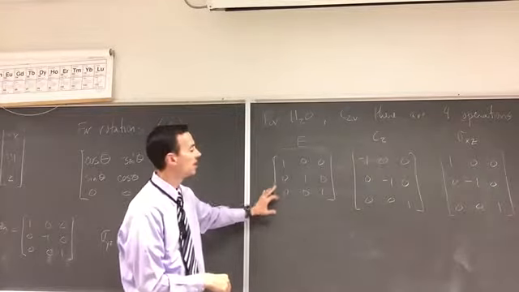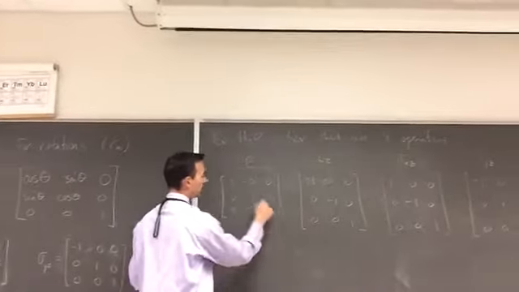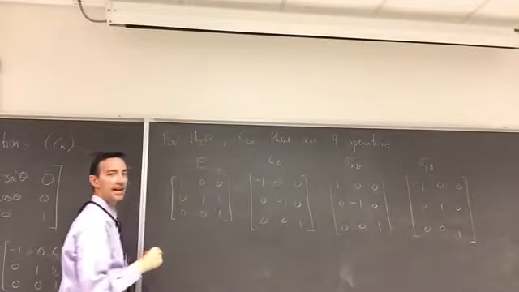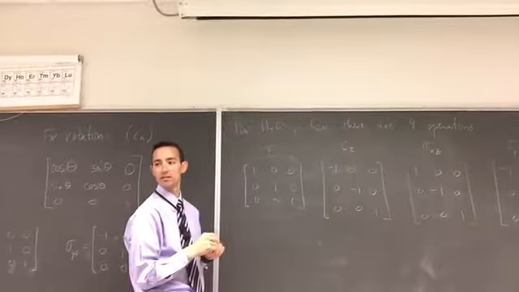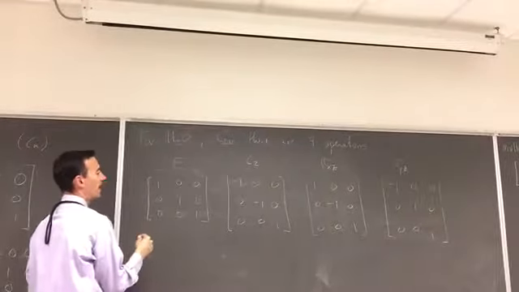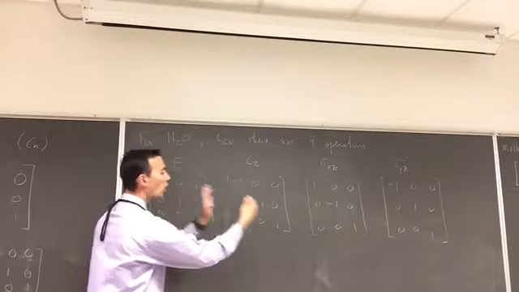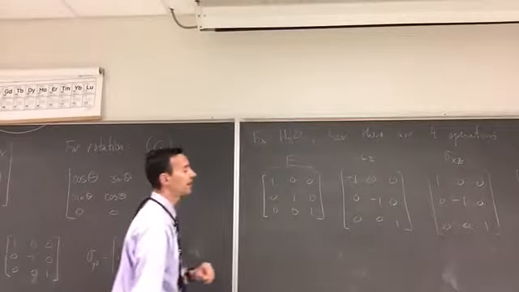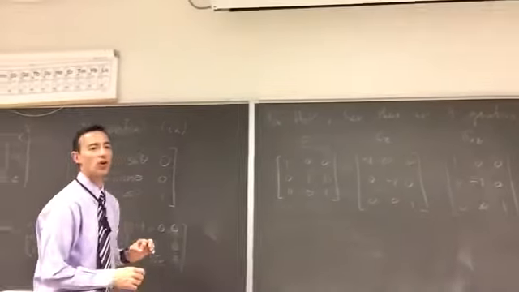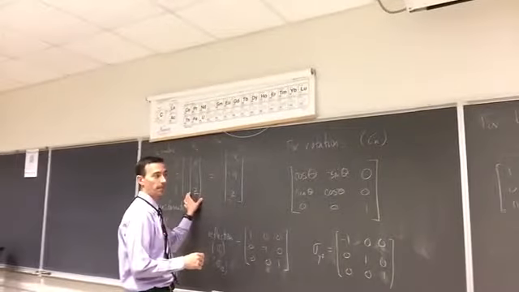But in all of these matrices, there are only values on the diagonal right here. And what that means is that each resulting coordinate only depends on the original x coordinate.